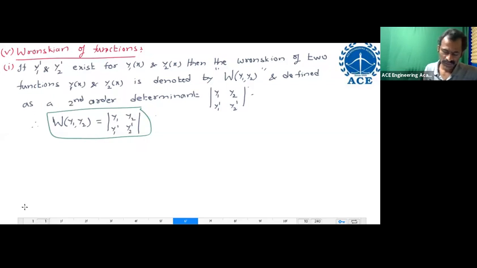Similarly, for any number of functions, we can extend this. Now we take three functions.